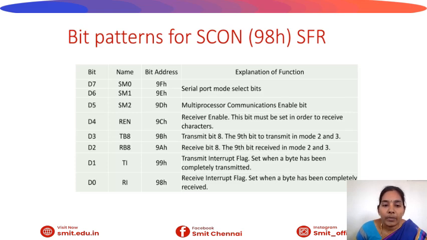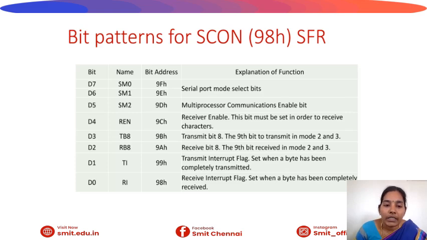The D3 bit is transmitter bit 8, which can be used as the transmitter 9th bit in mode 2 and mode 3. It is represented as TB8. The D2 bit is used for receiving bit 8, the ninth bit received in mode 2 and 3.